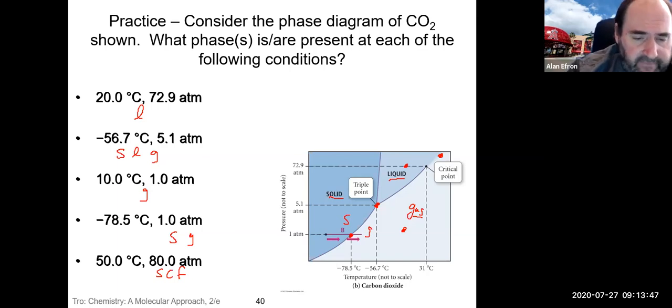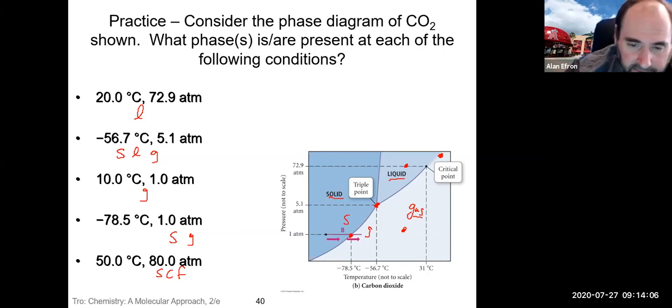If you're just above it, like where we ended up with the very last one, you would be at a supercritical fluid, which is essentially something that has both liquid and gas properties. There's no distinction.